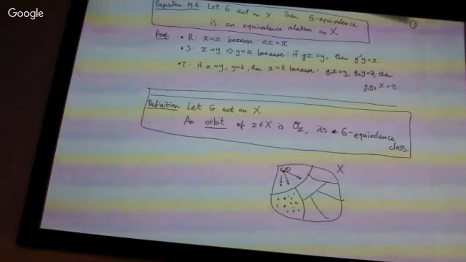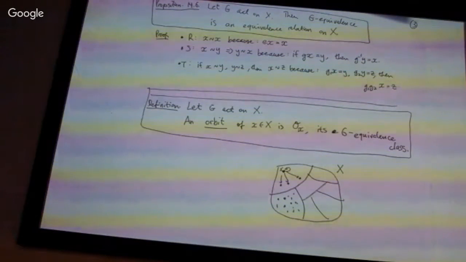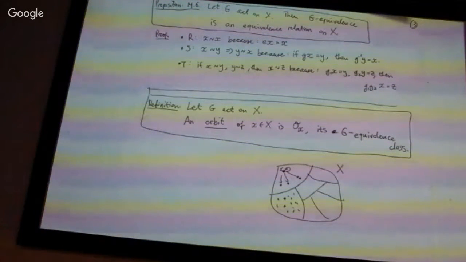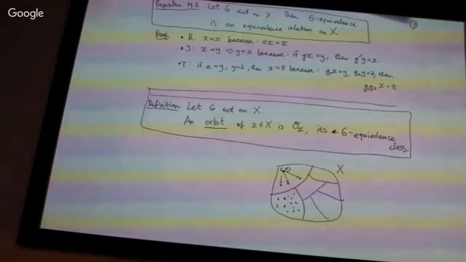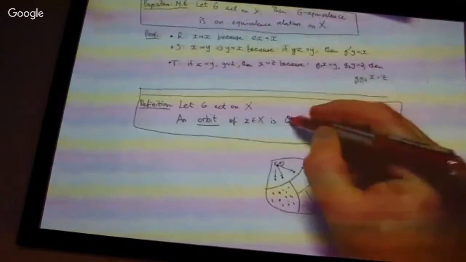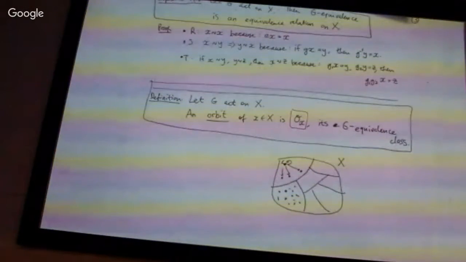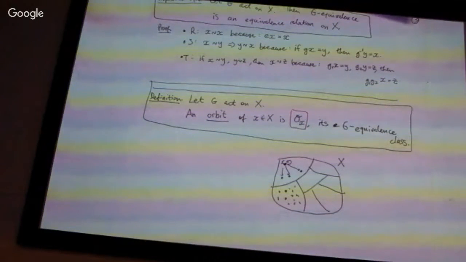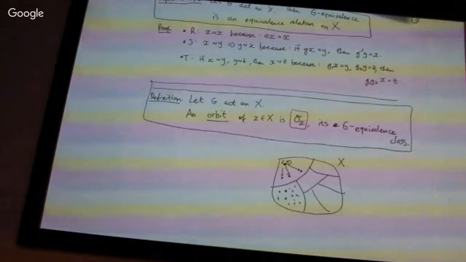So this was the definition of the drift. And there's an important bit hidden there. The book calls an orbit O, big O sub, where the index is the element whose orbit it is.